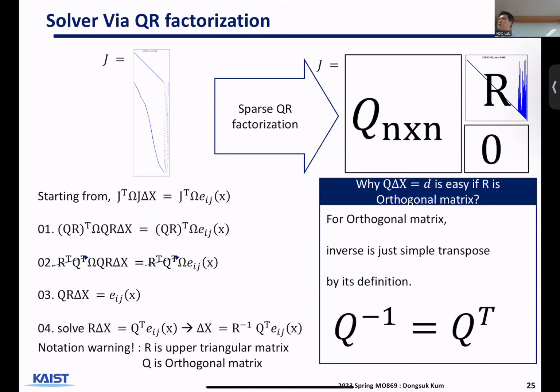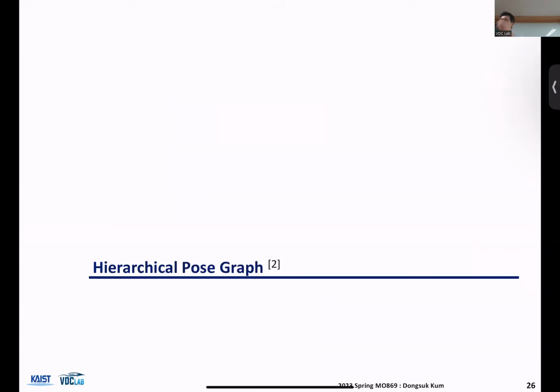Transpose is a simple operation, right? And R inverse, we talked about that, which is easy to compute. So we can solve for del X when we have large matrix computations. So that's one of the popular numerical solver techniques for inverting the Hessian.